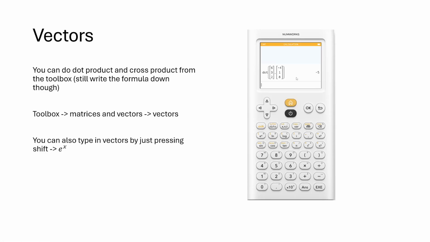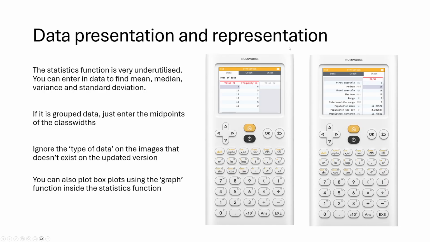You can use this button here, shift, and then this button to write vectors into your calculator. If you don't understand what I just said, don't worry, because you don't actually need this knowledge, unless you're in A2 doubles, but that's not what this video is targeted at. But yeah, that would be vectors. You can't really check vectors. It's just a little addition if you know to do these things.